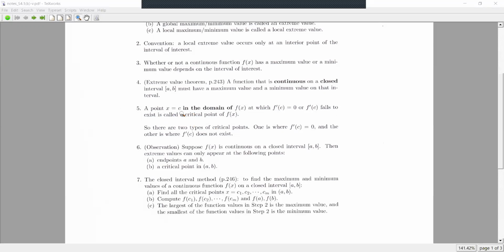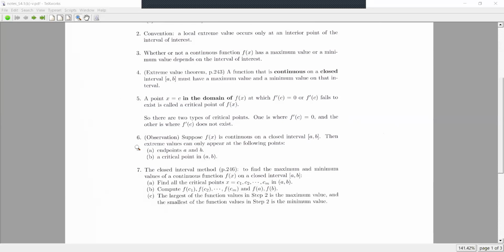From this definition, we can see that there are 2 types of critical points. One is where the derivative is 0. The other type is where the derivative doesn't exist.